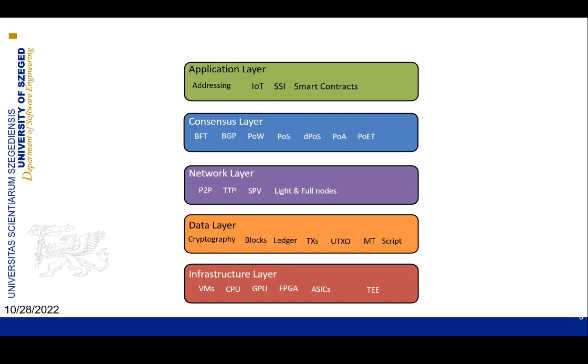This mechanism consumes, however, a lot of energy and has low throughput compared to centralized solutions, which triggered the research community to propose several alternatives, such as proof of stake, proof of authority, and proof of elapsed time, etc. There are at least 40 alternative consensus algorithms that I know of, but it also depends on the application and the throughput required, and the security level, of course, that you need, which defines which consensus algorithm needs to be employed.